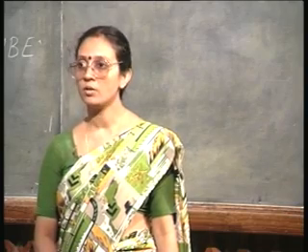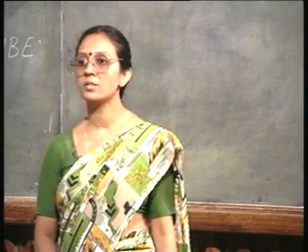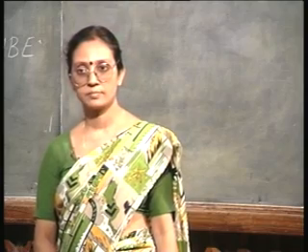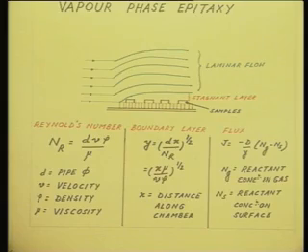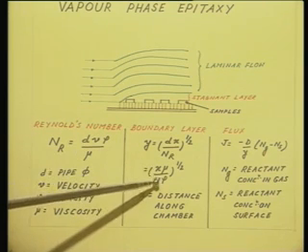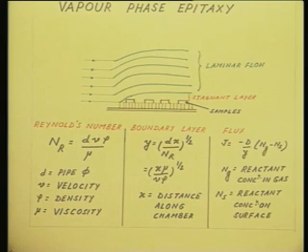Along the chamber on different samples, I will have different thicknesses. So, it is very important for us to control the velocity of the gas flow in order to make sure that the stagnant layer thickness is within acceptable limits.